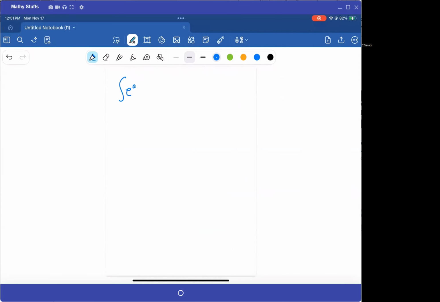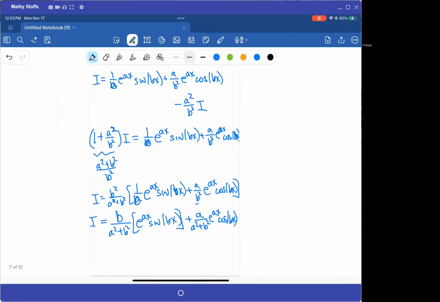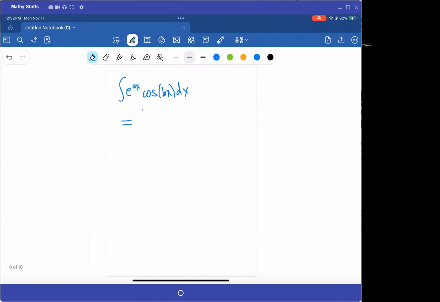of e to the ax cosine of bx dx is equal to, so look at how this is going to go. This is b over a squared plus b squared e to the ax, and I think that was the sine. Yeah.